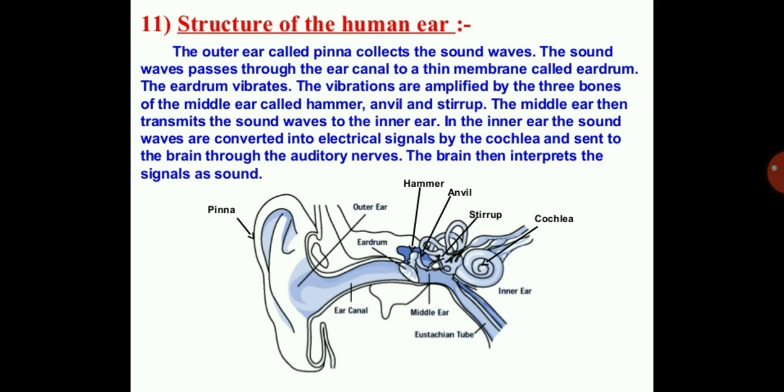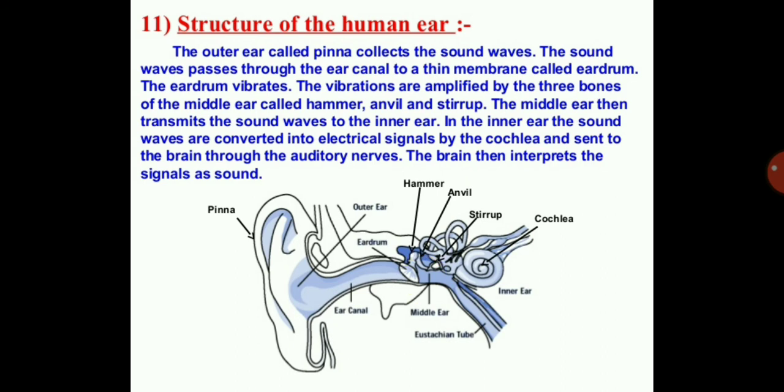These vibrations are amplified by three bones of the middle ear called hammer, anvil and stirrup. See, these are the three bones connected here.